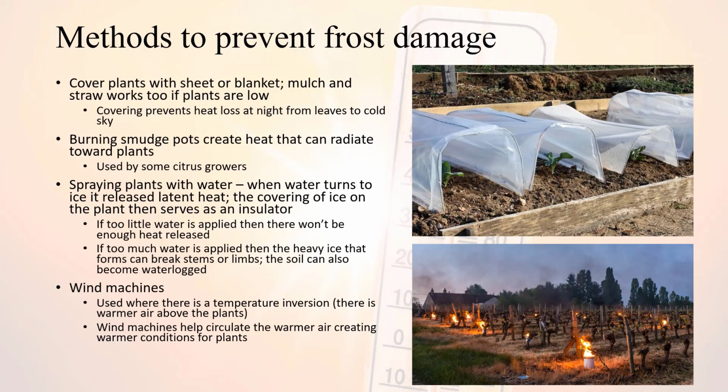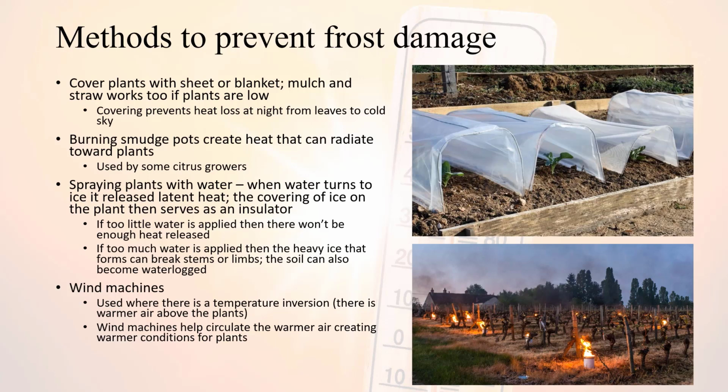But you have to be careful. If you apply too little water, then there won't be enough heat released. But if you apply too much, then your ice can be too heavy and it can actually break or damage your plants as well. There's also a meteorological phenomenon referred to as a temperature inversion, in which normally you have warm air at the Earth's surface, and as you get higher into the atmosphere, that air gets colder. Well, in an inversion, it's the opposite.